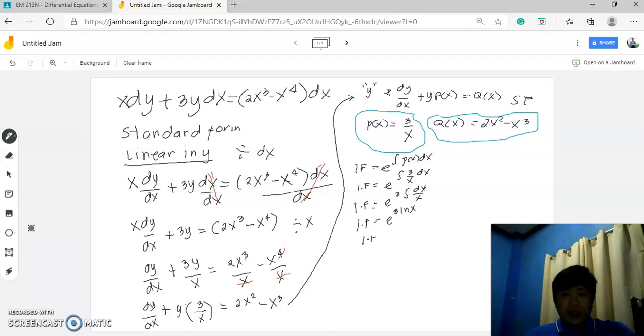So the integrating factor will be equal to e raised to the ln of x to the power of 3. And we know e raised to the power of ln cancels out. So now, your final integrating factor is equivalent to x cubed. Okay?